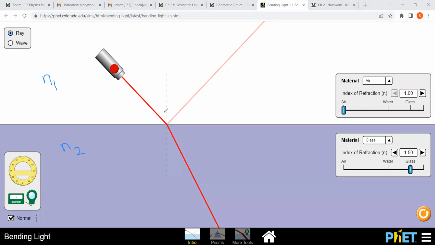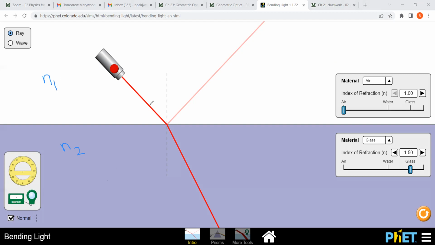Here the ray of incidence is in air, so n1 is the refractive index of air, and n2 is where we have the refracted ray. Because it is in glass here, n2 is the refractive index of glass. So the first medium is air, the second medium is glass. n1 is for the first medium and n2 is for the second medium.